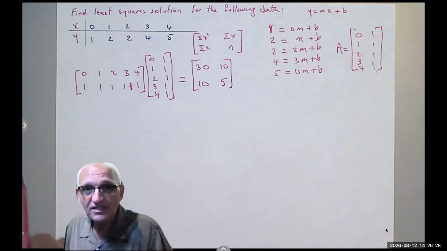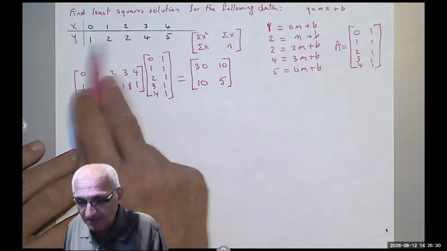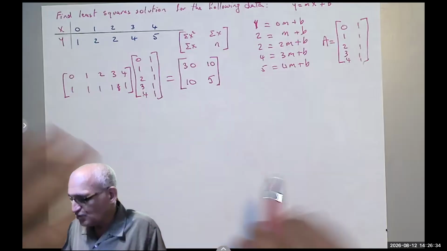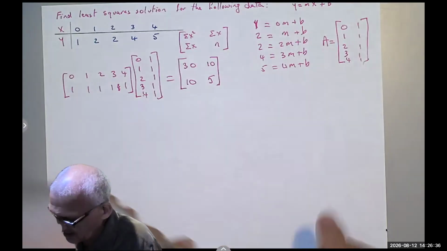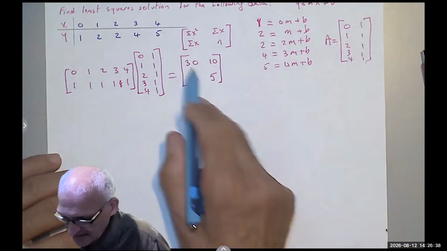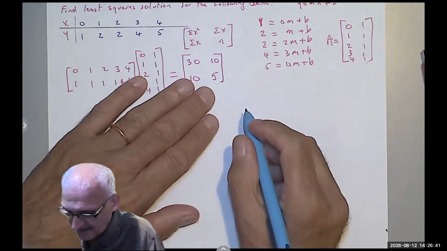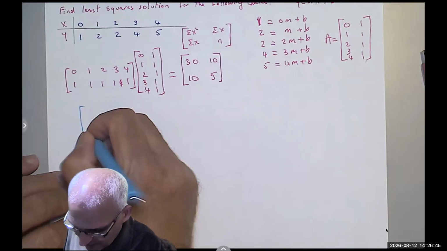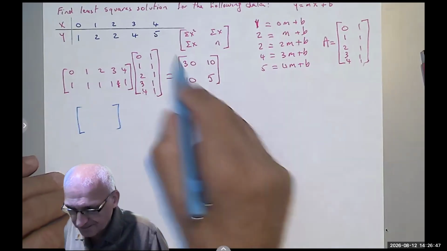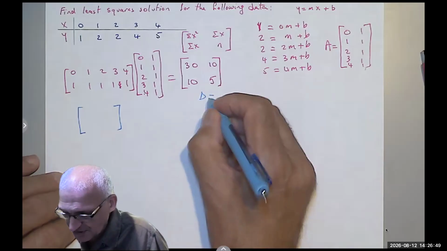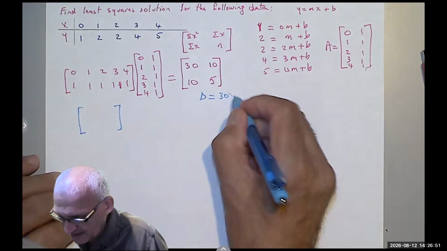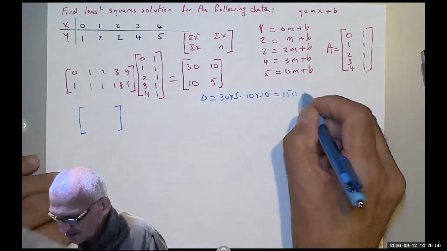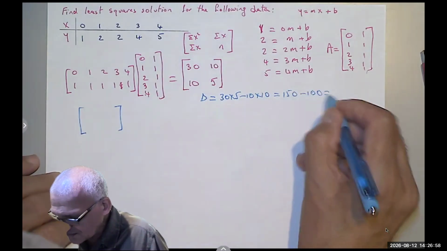Think about that, look it up, and then see how from here, we get the equation of, in fact, we are going to use the calculator and try to find the best line that fits the data, and hopefully, if we didn't make errors, we'll get the same result here. So having said that, this is the left-hand side. I want to get the inverse of that guy. Delta here, or the determinant, is 3 times 5 minus 10 times 10 equals 150 minus 100 equals 50.